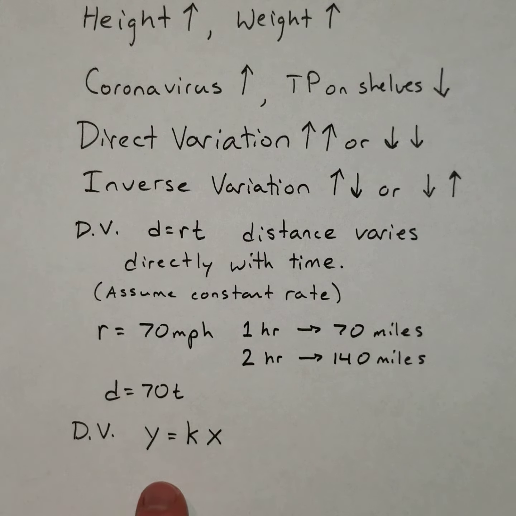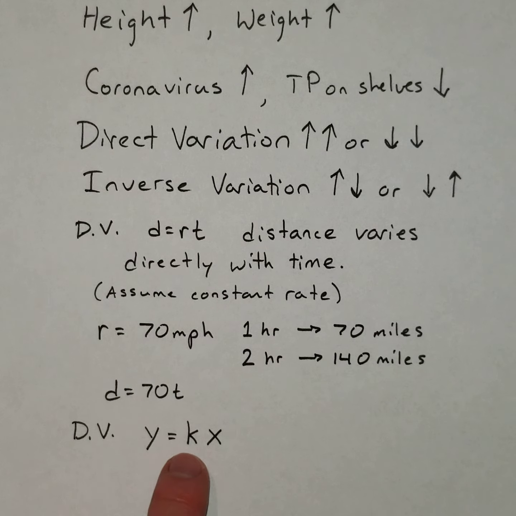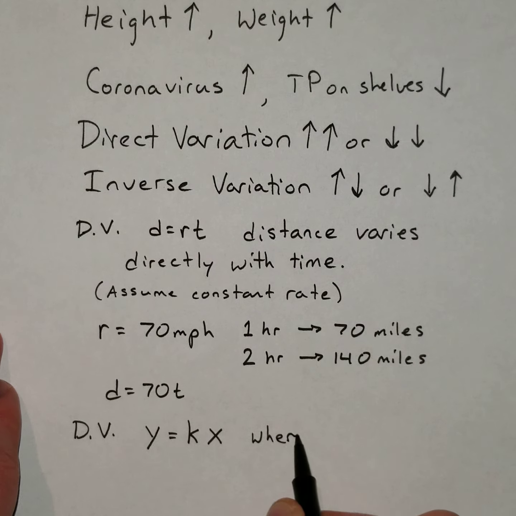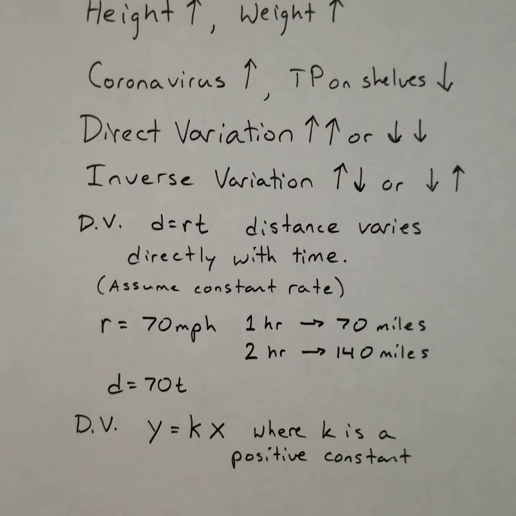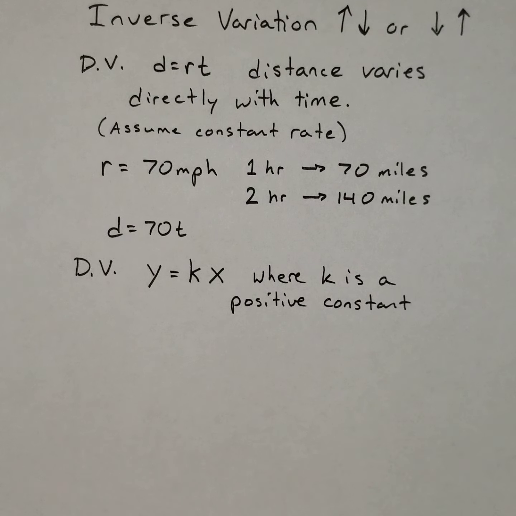So for direct variation, you have y equals k times x, or in this case, d equals r times t. r is our constant, k is constant here, where k is a positive constant. Okay, so k has to be positive to get them to be direct variation, and it has to be constant.